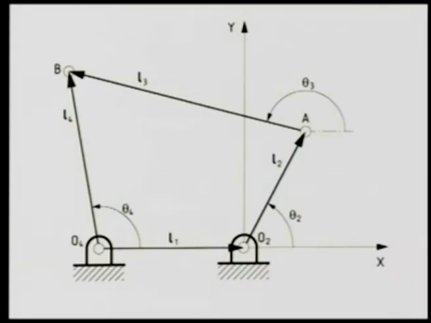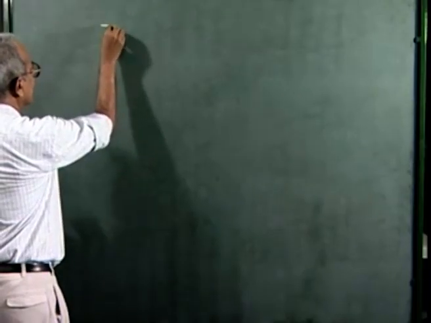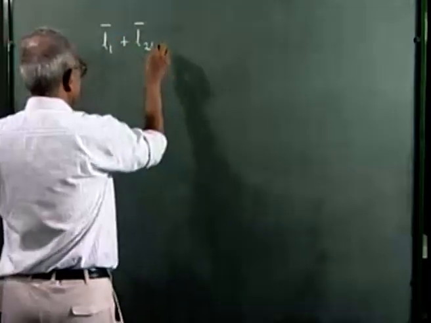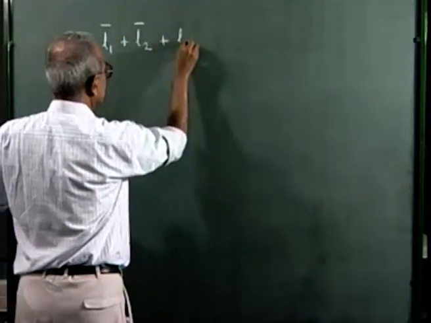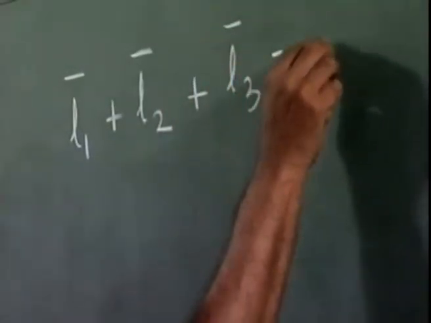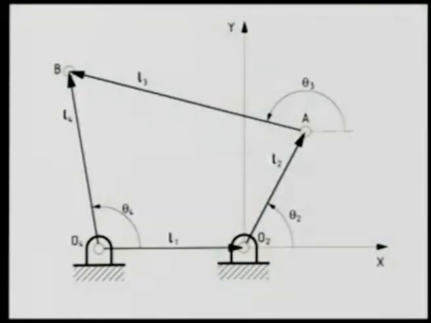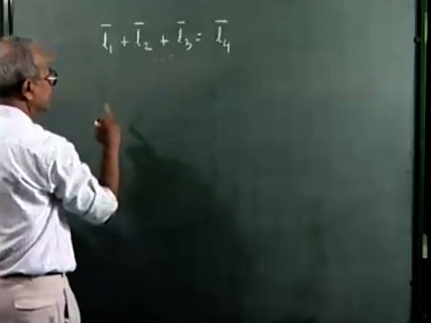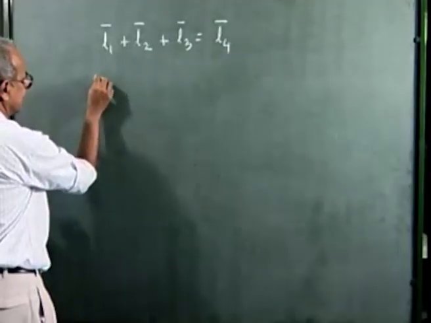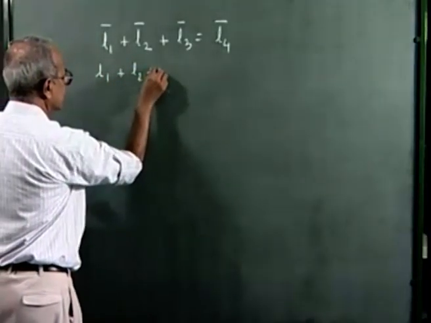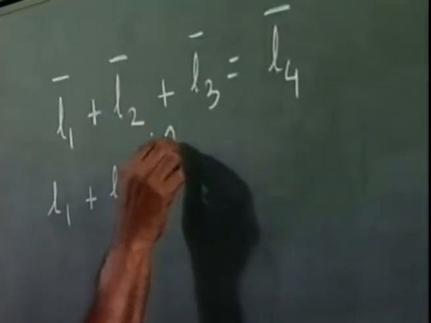So, let me write now the loop closure equation. Vector L1 plus vector L2 plus vector L3 is vector L4. This is exactly the same as we did in the displacement analysis. So, let me write now these two-dimensional vectors in terms of complex exponential notation, that is L1 plus L2 e to the power i theta 2.